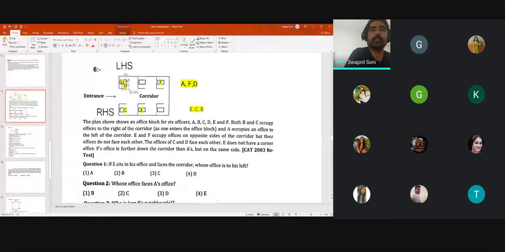So we can straight away put them because there's only one person left on that left-hand side, that is A. On right-hand side, B. Once the arrangement is complete, you can actually go ahead and answer all the questions.